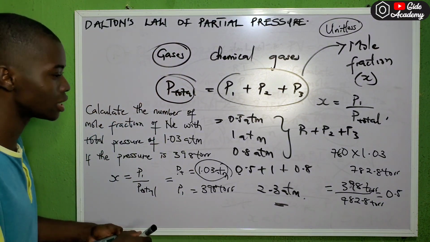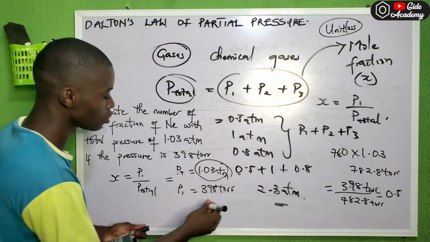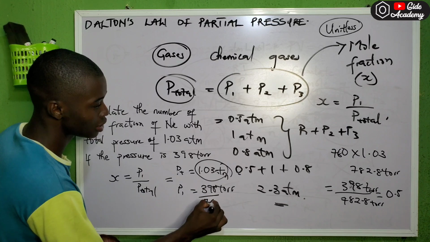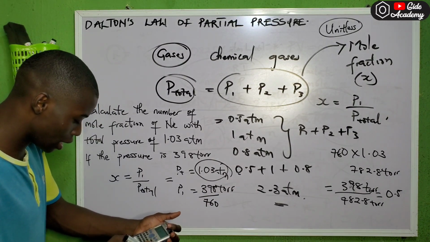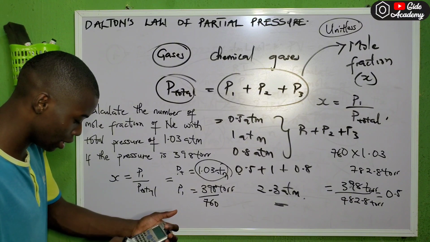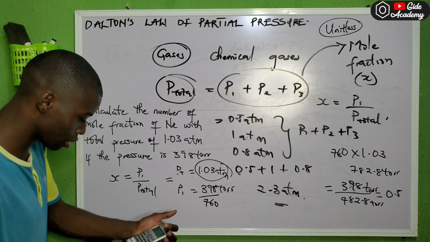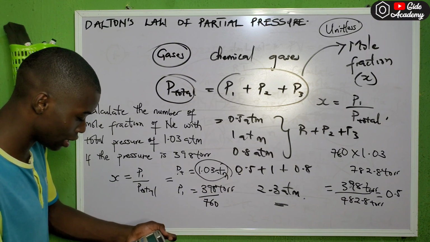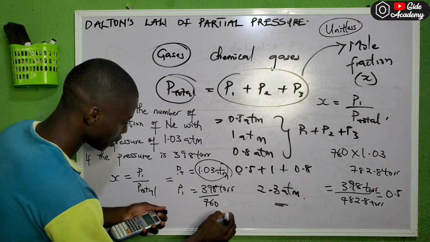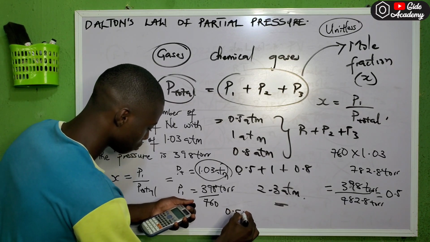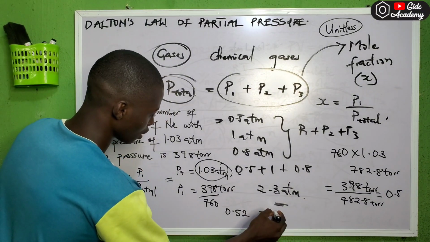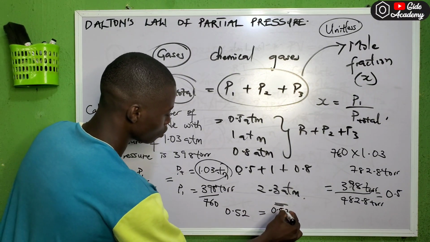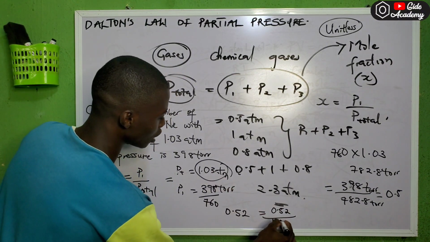Now let's assume that I want to solve this using atm. That is to say, I will divide my 398 by 760. My answer is 0.52. From there, 0.52 over 1.03.